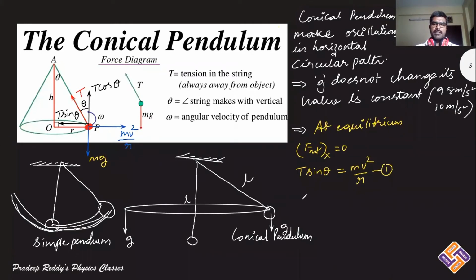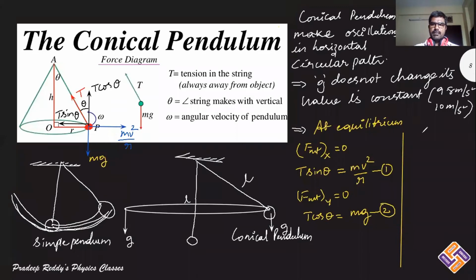Next, along the y direction, F net along the y direction is equal to 0. Along the y direction, T cos theta is equal to mg. This is equation number 2. So we have got two equations. You can divide one equation by the other. If you divide one equation by the other, what do you get?